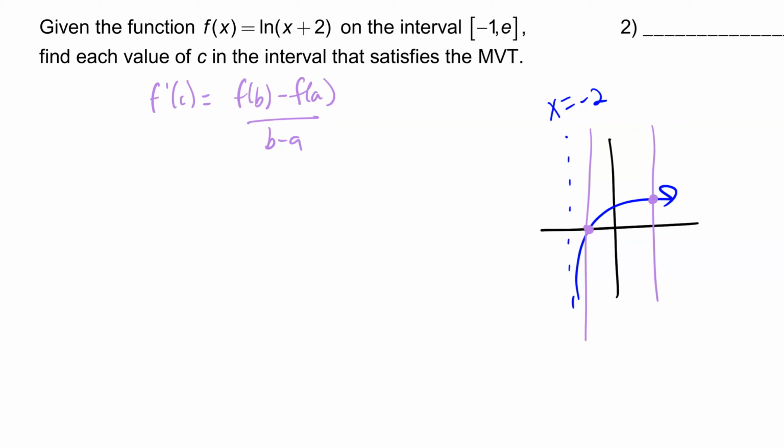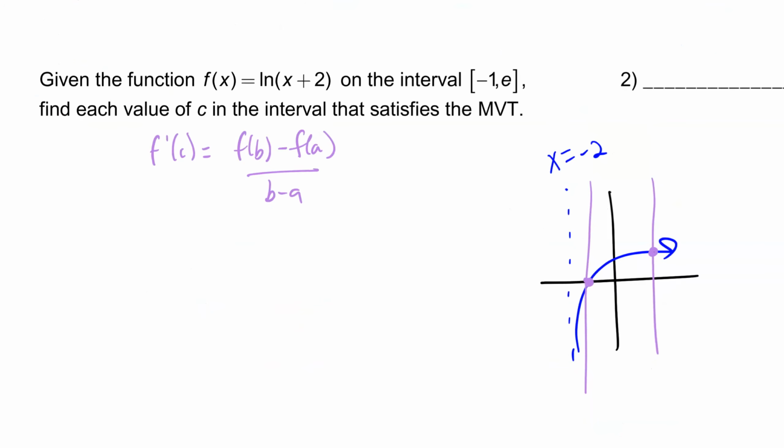It's just like the slope equation on the right side, right? y2 minus y1 over x2 minus x1. It's just slope. Do you recognize that? f of b is just your second y value. So what I'm trying to do is set the left side equal to the right side.